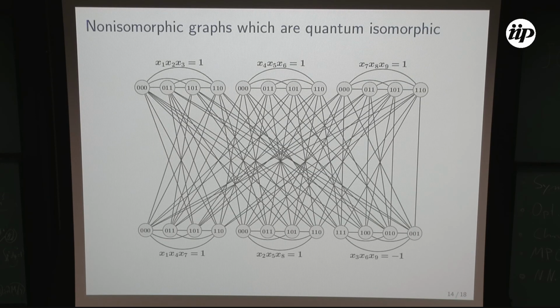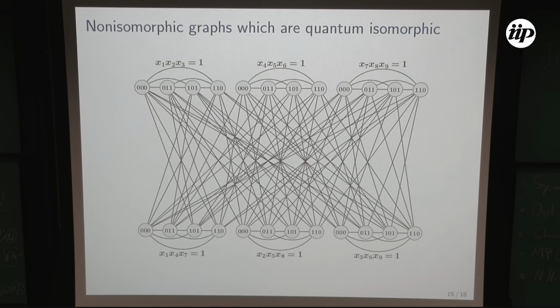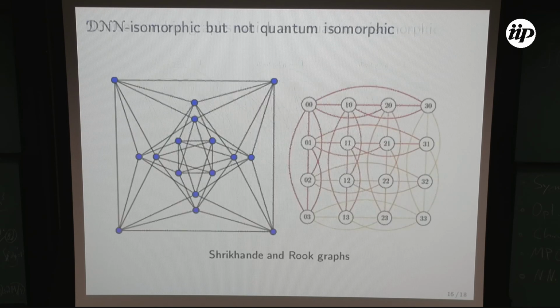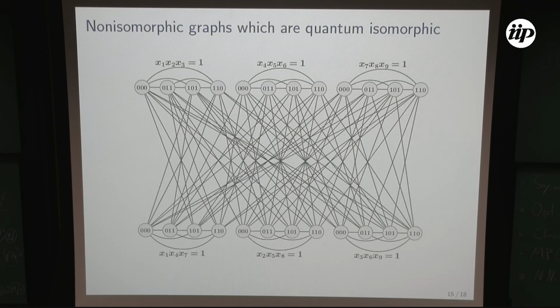So this is the smallest known example of non-isomorphic graphs which are quantum isomorphic. You probably already saw this picture if you were at my talk last week. We get it from this reduction from linear BCS. These graphs correspond to the magic square game. This is the smallest pair of graphs that we know that are not isomorphic, but that are quantum isomorphic.